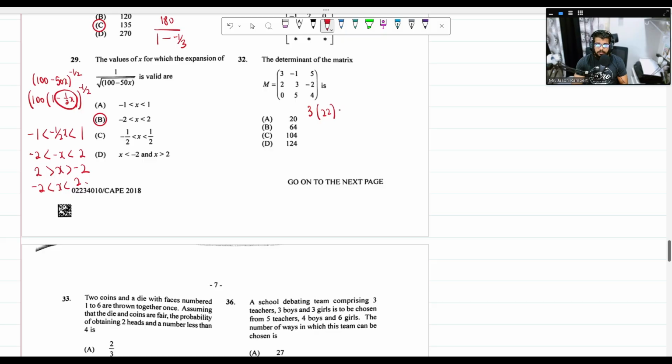Take away minus 1, which becomes plus 1, by the determinant of 4 2s are 8, 0 by 2 is 0, 8 plus 5 multiplied by 5 2s are 10, 0 3 is 0. 66 plus 8 plus 50. 6 and 8 is 14. There is 74 plus 50, 124. The answer is D.